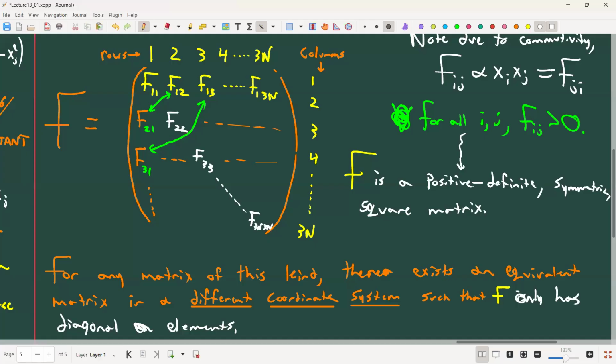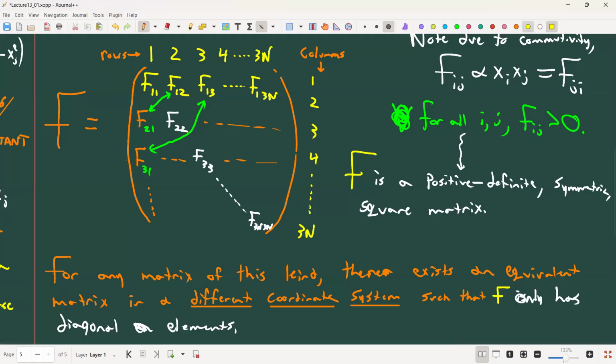And if F21 is non-zero, that means if I move atom 2, it affects the force constant for atom 1. Right? They're correlated to each other. So off-diagonal elements correspond to dependencies between the vibrations, between the displacements. If the whole thing is diagonal, then they're all independent of each other. We have 3 independent coordinates. They don't interact with any of the other ones.